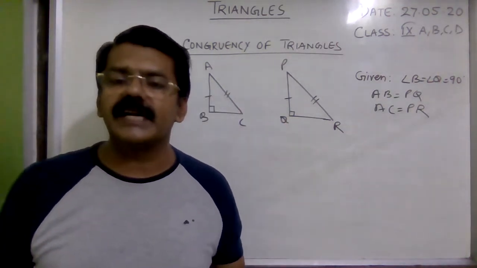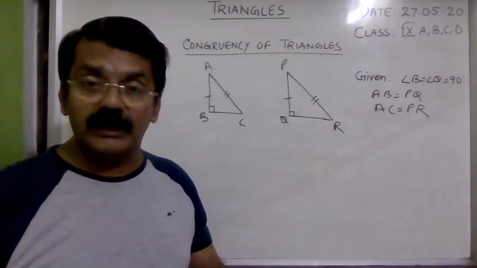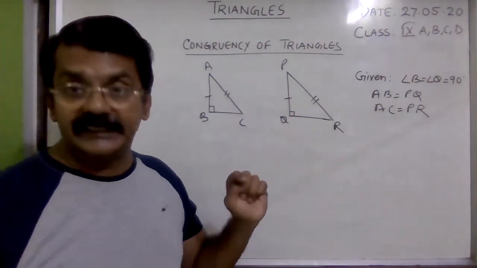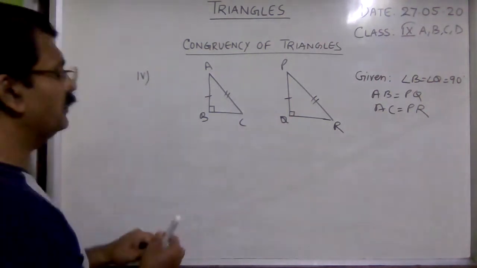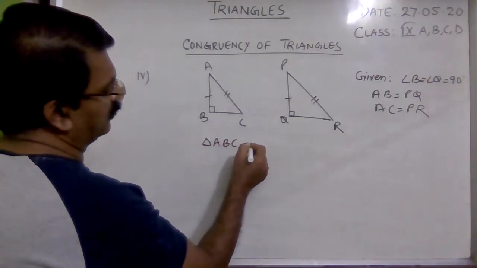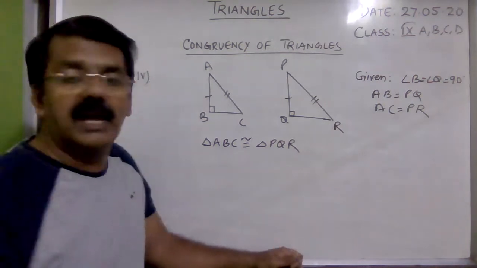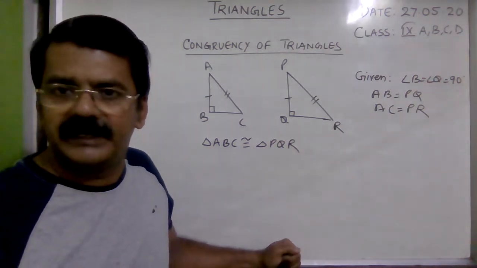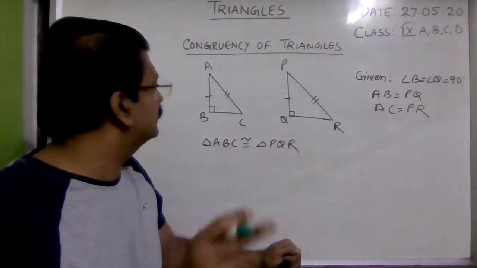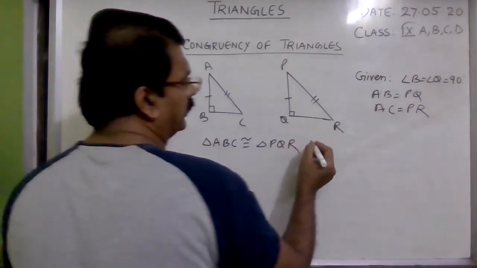So we cannot say that these two triangles are congruent by SAS, but actually as these angles are 90, so we can say that triangle ABC is congruent to triangle PQR, and now this is called right hypotenuse side. Means right angle is there in both the triangles, hypotenuse equal and another side equal. So right hypotenuse side.